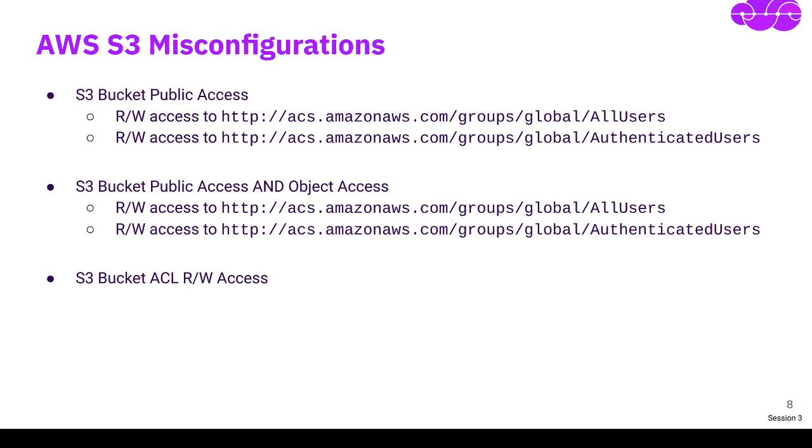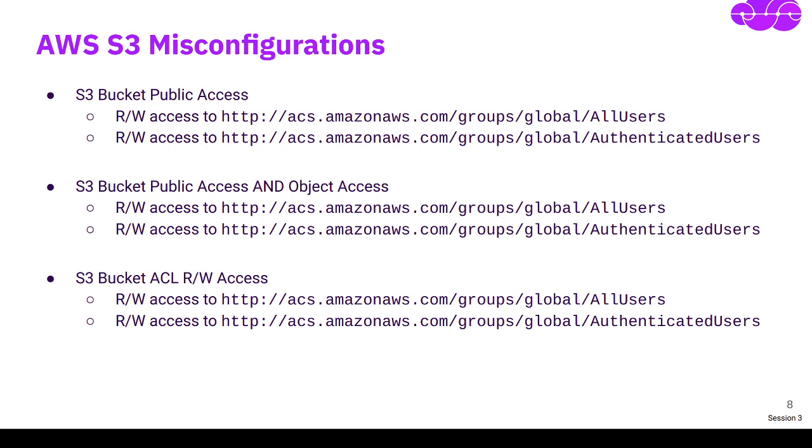And then there's S3 bucket ACL read-write access. This is interesting because ACLs are a way of applying permissions to a bucket, right? So what if the ACL itself could be read or written over? And that's what this is. You have ACL read-write access to these different groups, and these different groups are examples. You are essentially required to have the resource mapped to a particular AWS user or a role.